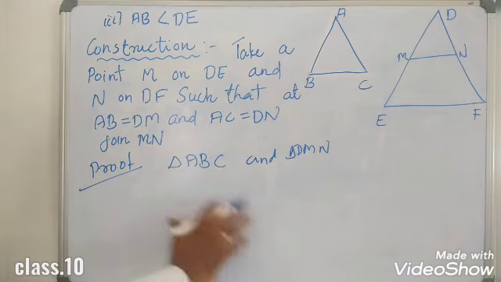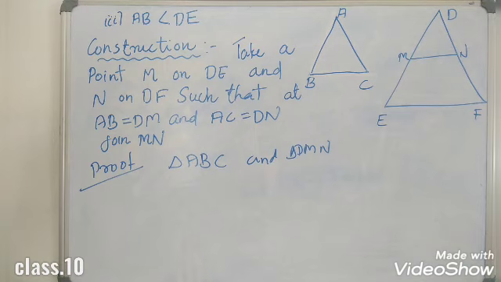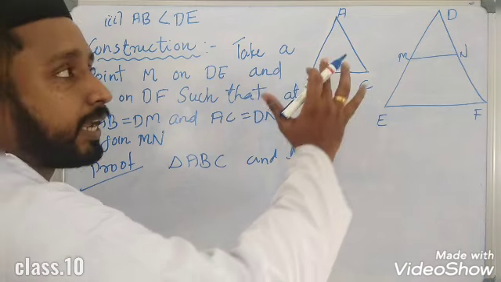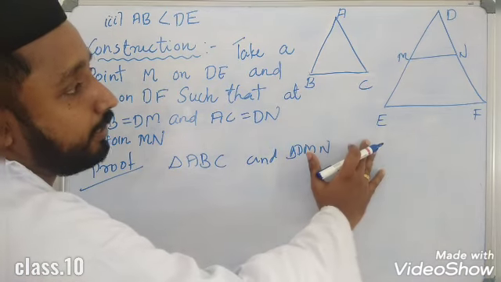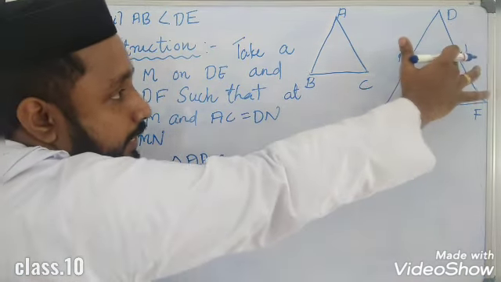Then the proof: we are considering triangle ABC and triangle DMN. Our triangles are triangle ABC and DEF, and then we consider triangle DMN.